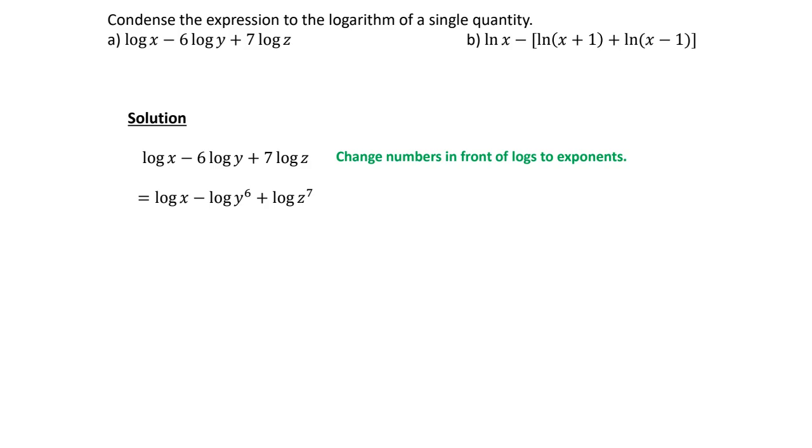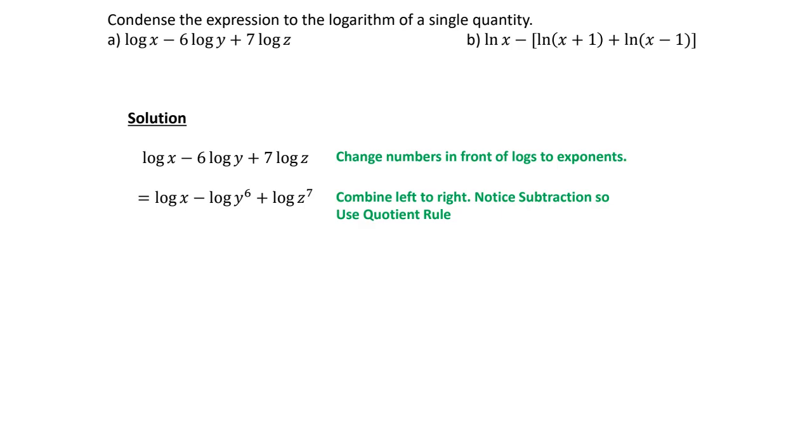I had a 7 being multiplied to this log, so this 7 becomes an exponent on the z. So this was using my power rule for logs. Now I have nothing that is being multiplied, so I just have additions and subtractions. I'm just going to go from left to right, just going in order.